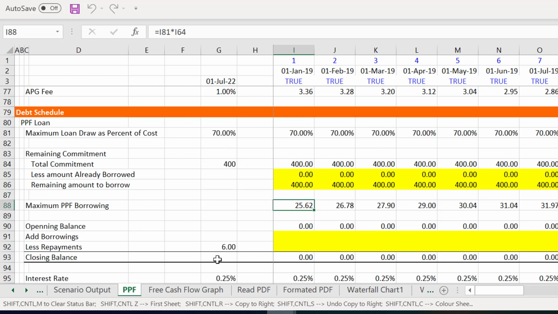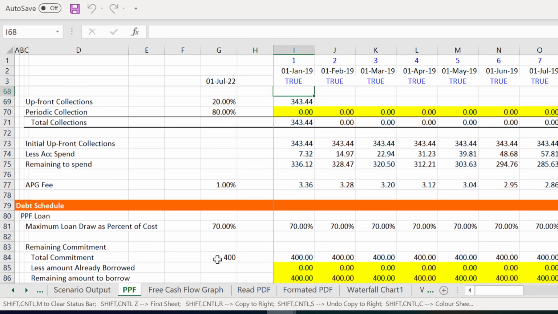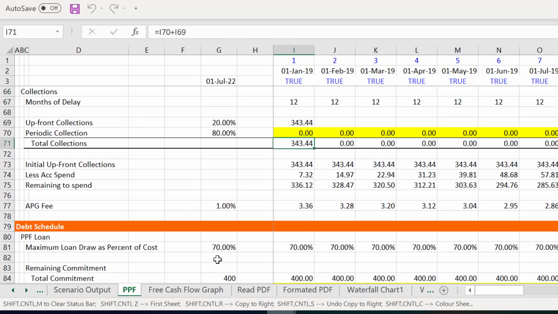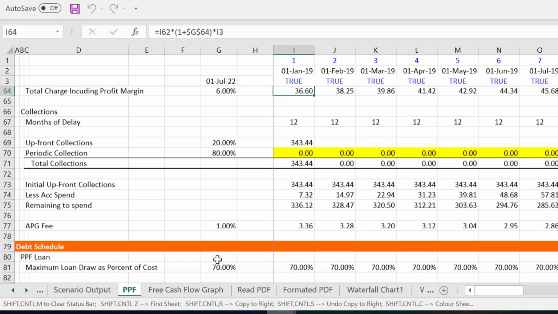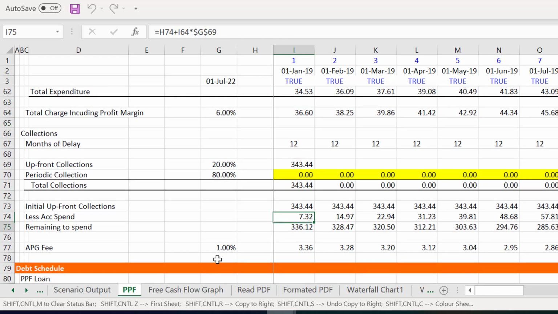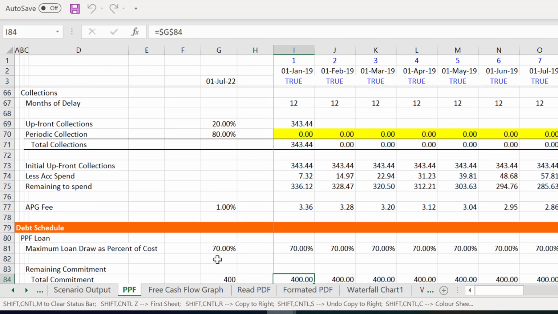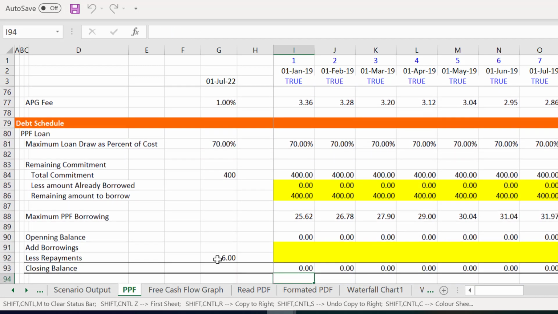And then there was this little thing that says 70% of the total amount up here is the only amount we're allowed to borrow. I don't know why they have that in the term sheet, but whatever, they do.